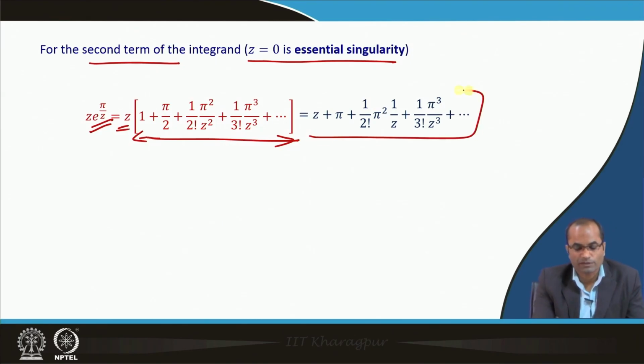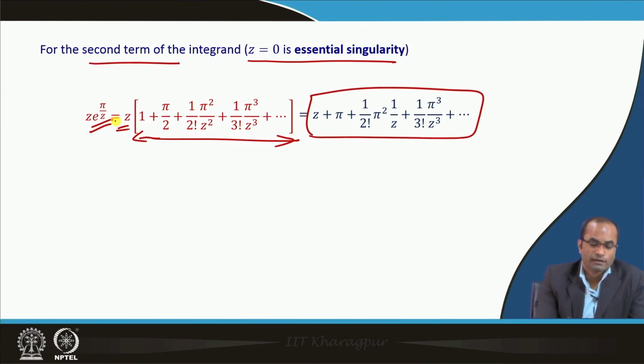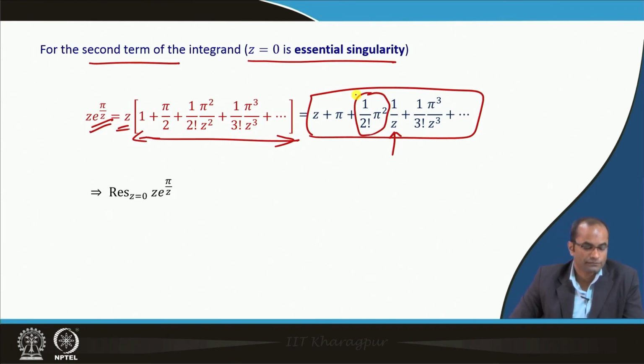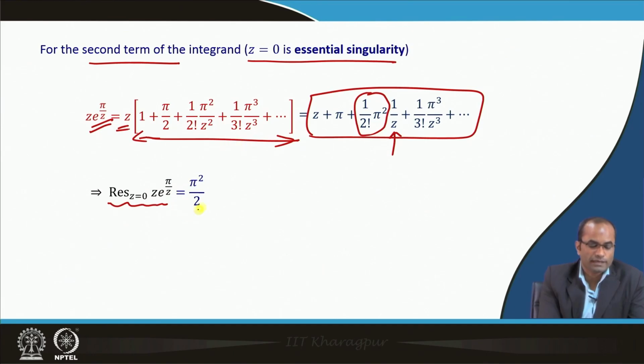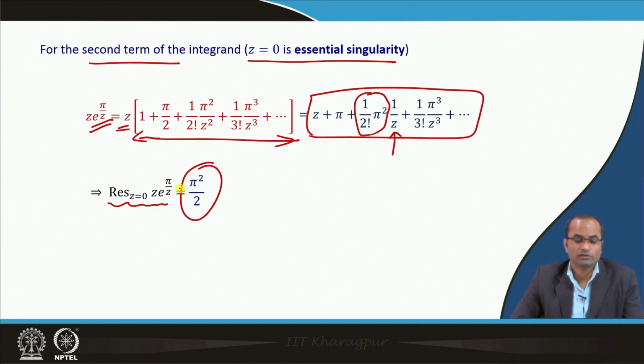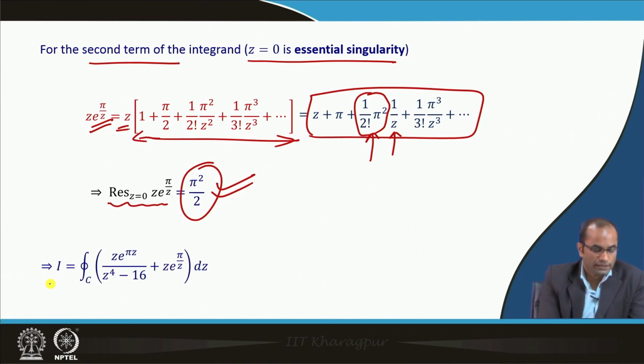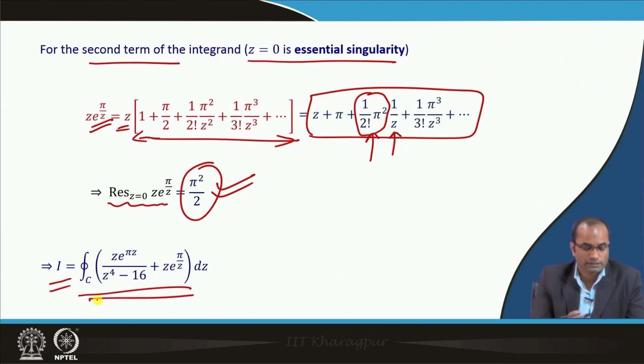Finally, this is the expansion for this given function, and as far as this 1 over z is concerned, this is the coefficient for 1 over z, and therefore the residue of this function z e^(pi/z) is pi square by 2, because this is going to be the b1 term, the first term where the negative power starts. So, this is the first term 1 over z, and this is 1 over factorial 2 pi square, that is the residue we have.